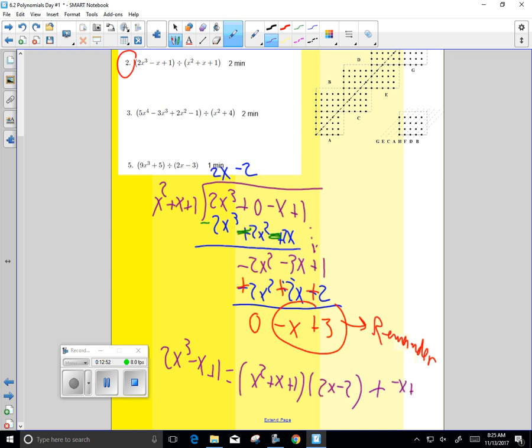Negative x plus 3. Okay, so this is my polynomial. This here is my divisor. This is my answer, the quotient. Then this is my remainder.